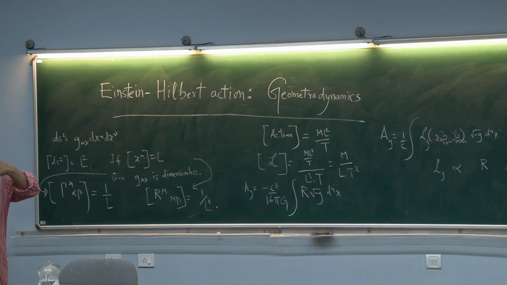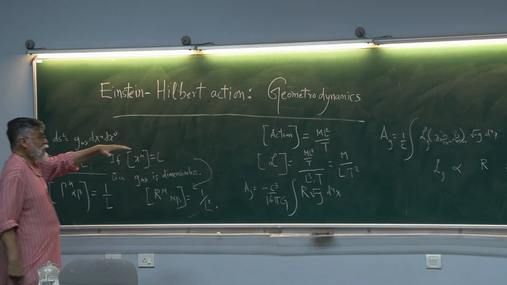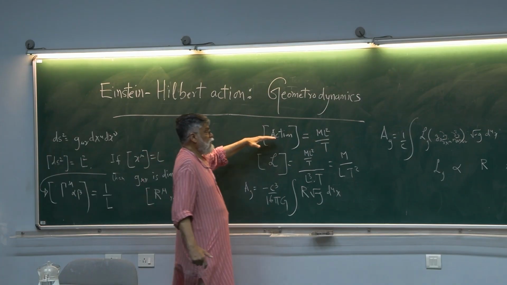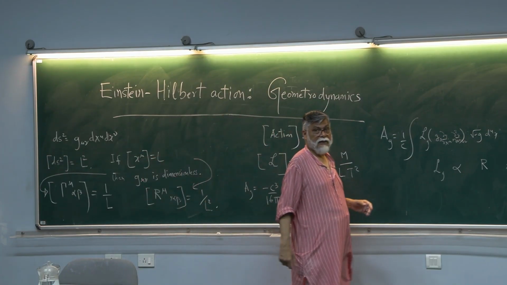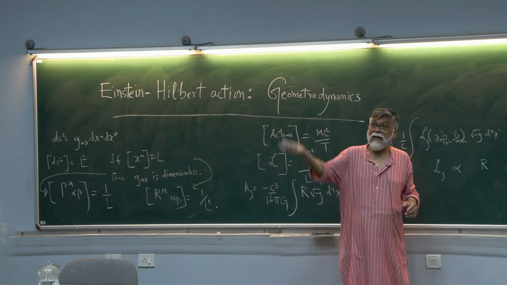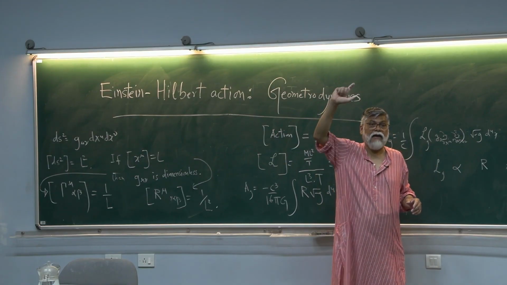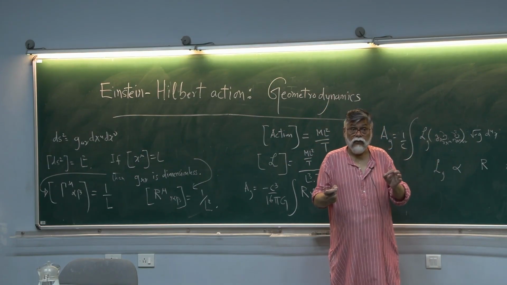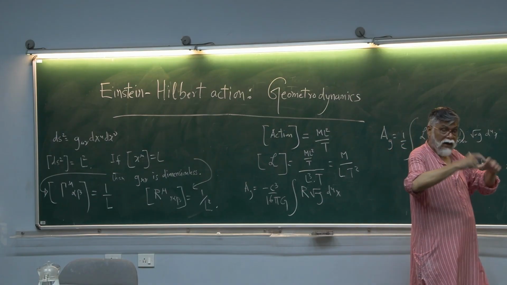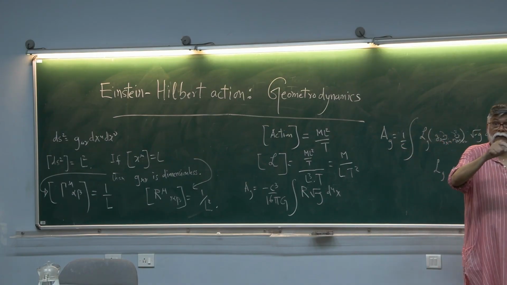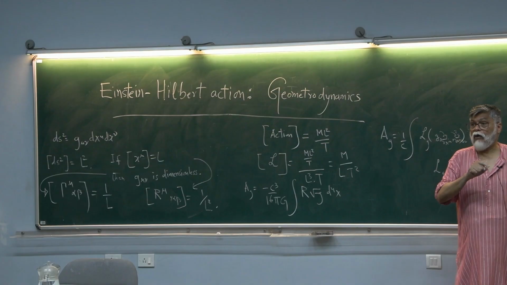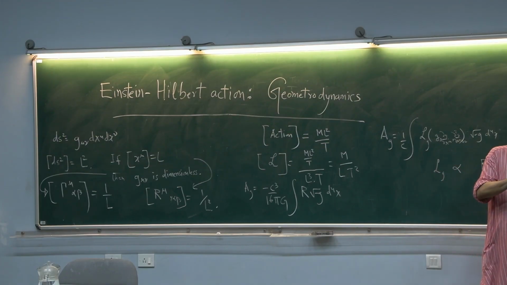You can think of all such combinations. But whenever you do that, you will find you need to put in additional parameters to make the dimension of action mass L square by T. So for any higher derivative term, modified gravity, which people work on, you have to put in other parameters or Planck's constant.